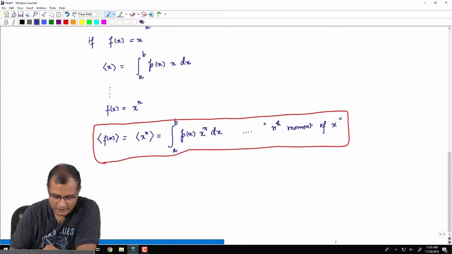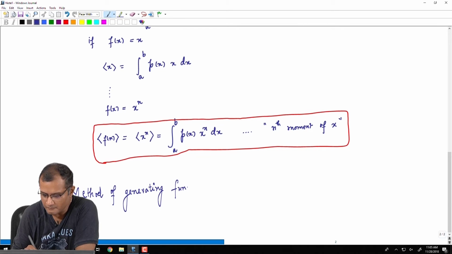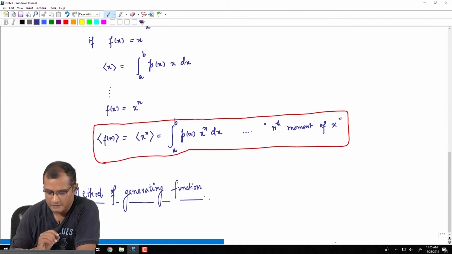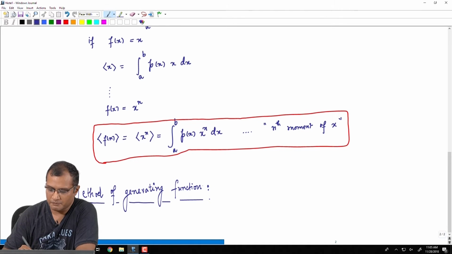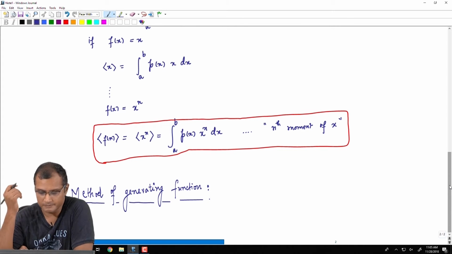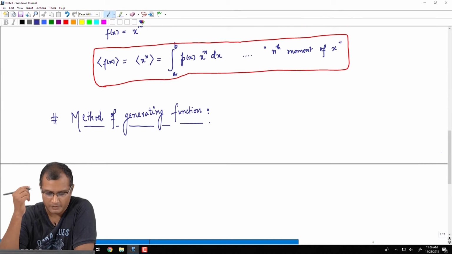So, I will discuss the method of generating functions to compute both the moments and cumulants, okay. I will describe what cumulants are in a short while, okay.